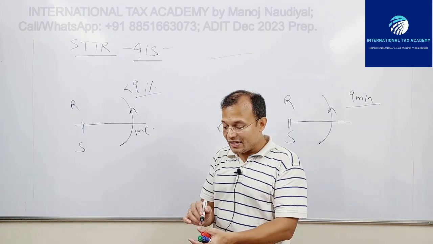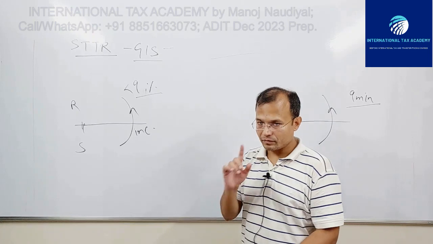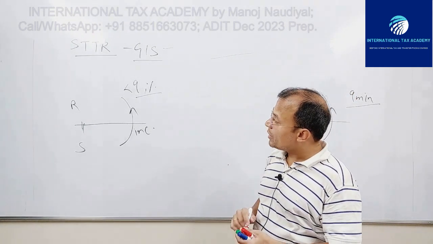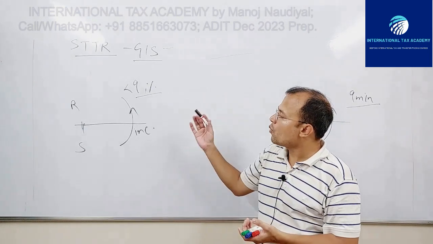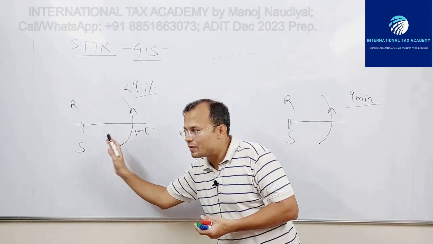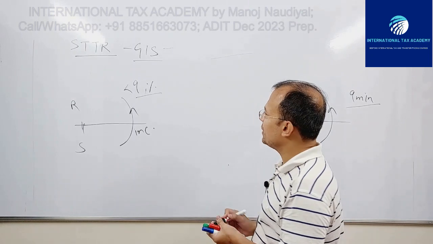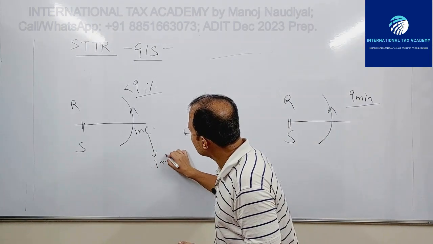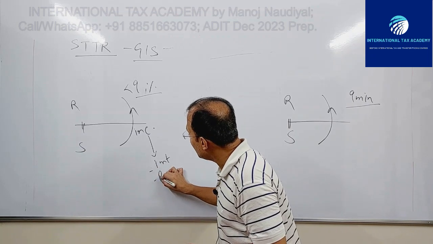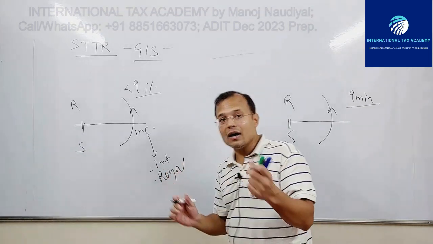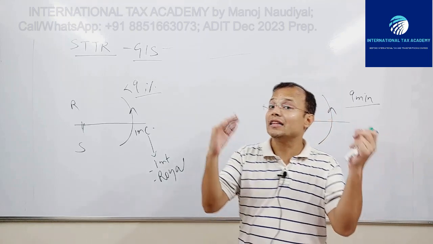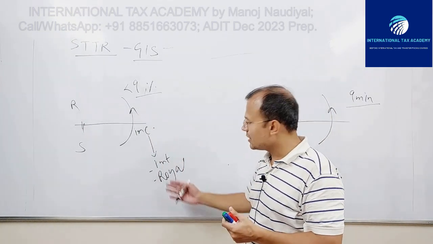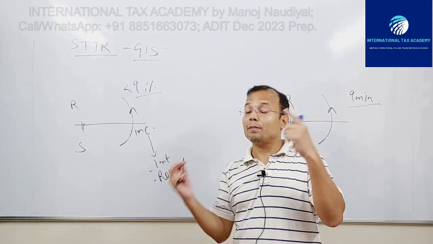So STTR is a tax treaty based rule. Should be very, very clear about this. Now, second point, on what income STTR would be applicable. STTR would be applicable on interest income, royalty income, and a defined set of other payments.